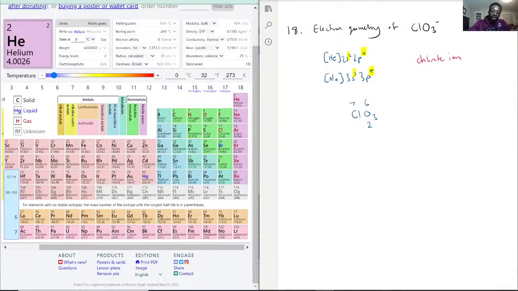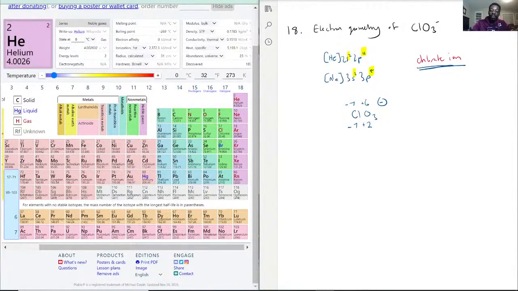Chlorine, we know it has an oxidation number of 7. Whether it's plus or minus 7 depends. So we have 7 and 6. To get -1, the 7 needs to be negative and the 6 needs to be positive. I know this is kind of just a workaround, but the goal here is just to make sure it makes sense how we can get a -1 charge. So with all that being said, I do believe this is a chlorate ion, because this is what makes sense.